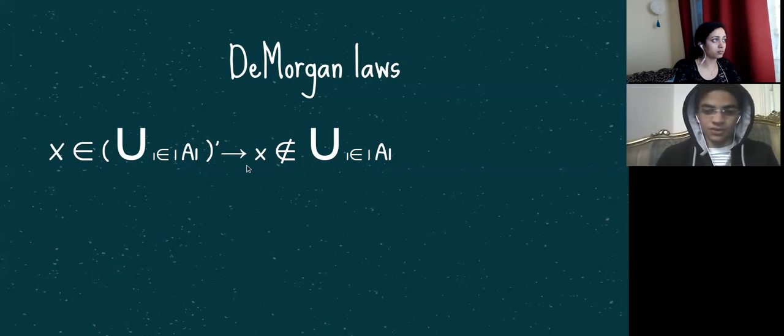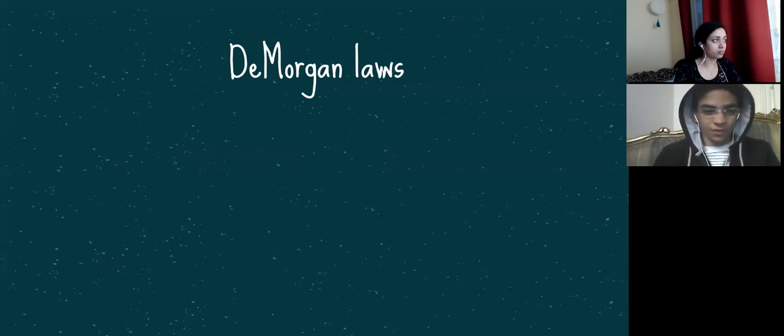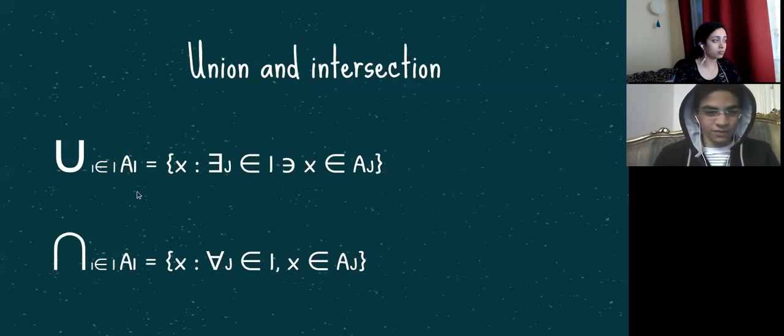So x belongs to the union of A sub i, all dash, means that x does not belong to the union as i varies over the class of all indices of A sub i. So again, you can still further ask what this means. So I can just plug in the older definition we had for the union.